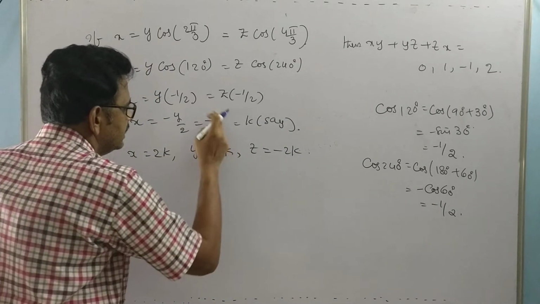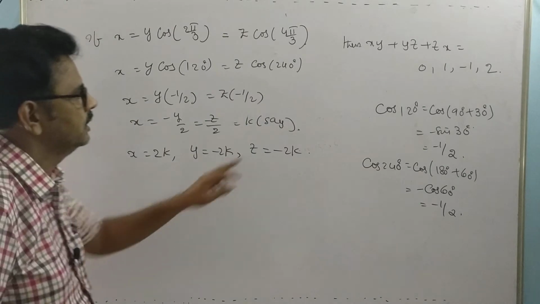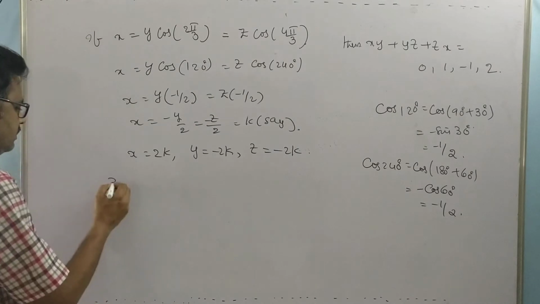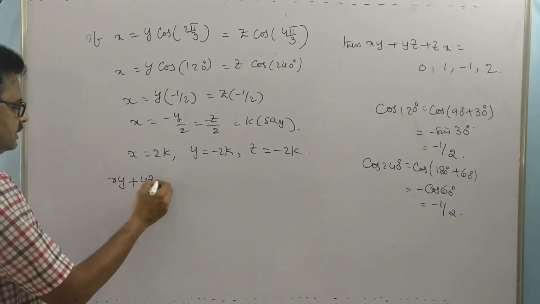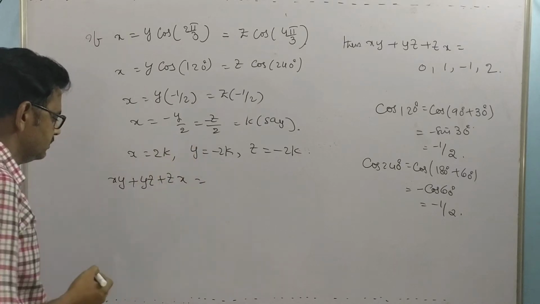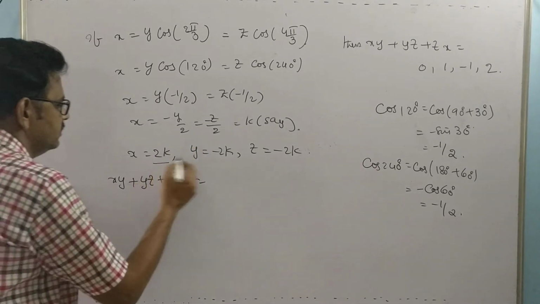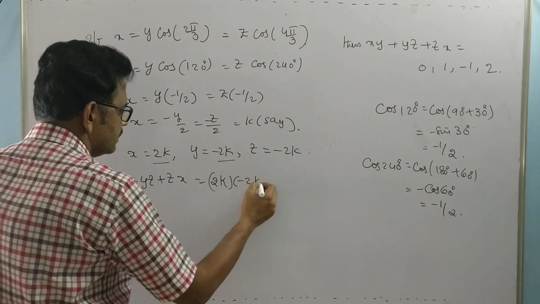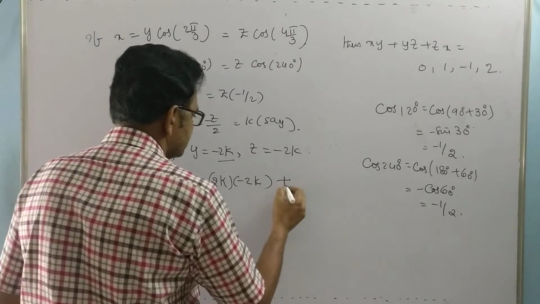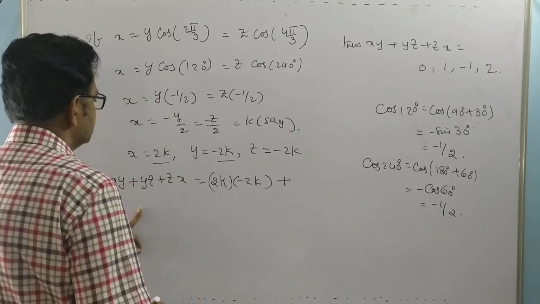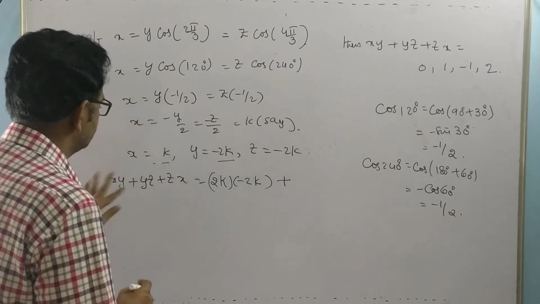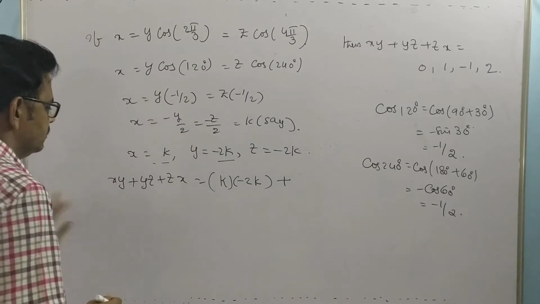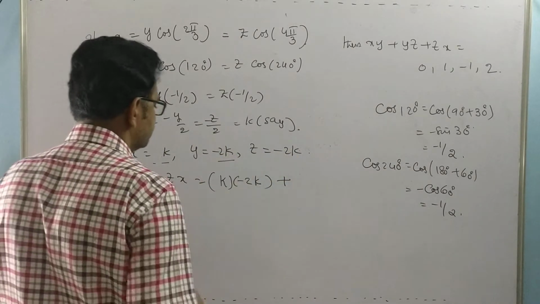Now we have xy plus yz plus zx. xy is x into y, so this is 2k into minus 2k plus yz. Yz is, so this is only k, not 2k, because x equal to k only. So yz is these two.